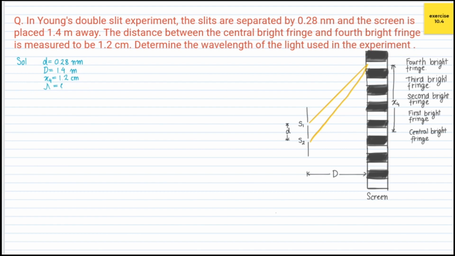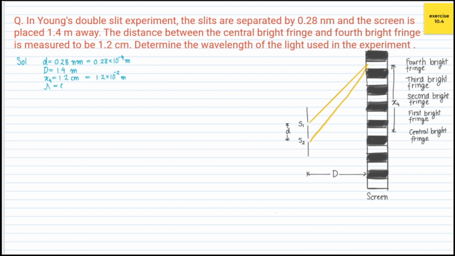So I'll convert this nanometer to meter. 0.28 nanometer equals 0.28 times 10 to the power minus 9 meter. Let's convert 1.2 centimeter. 1.2 centimeter equals 1.2 times 10 to the power minus 2 meter. This capital D is already in 1.4 meters.